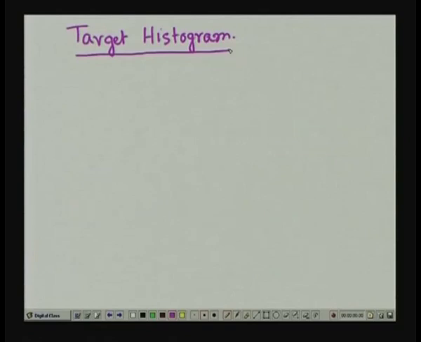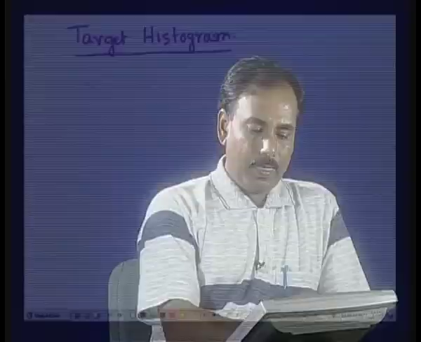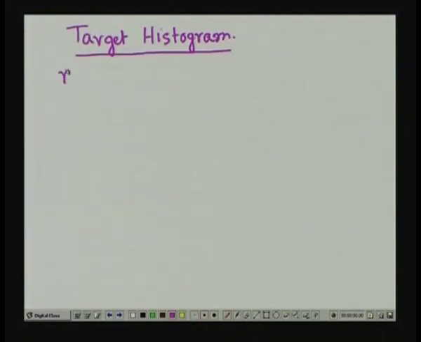Now, to see how we can go for such histogram specification or histogram matching or histogram modification, initially we assume that we have two variables. One is variable r representing the continuous gray levels in the given image, and we assume a variable z representing intensities in the processed image. r is the intensities in the original image and z represents the intensities in the processed image, where this is specified in the form of the probability distribution function p_z(z).